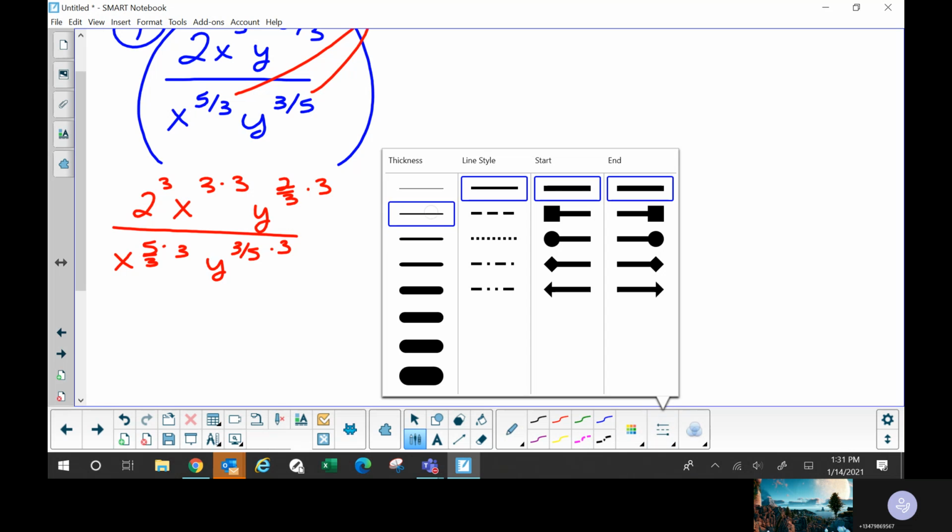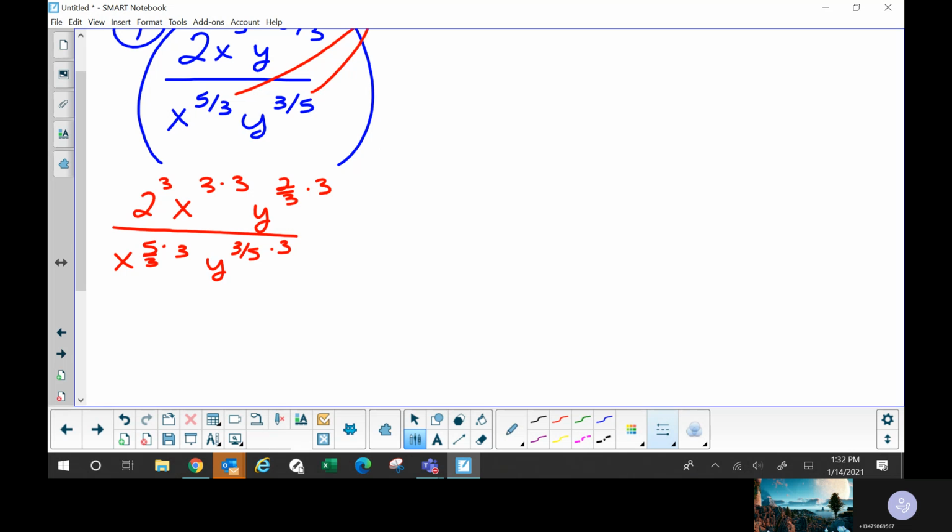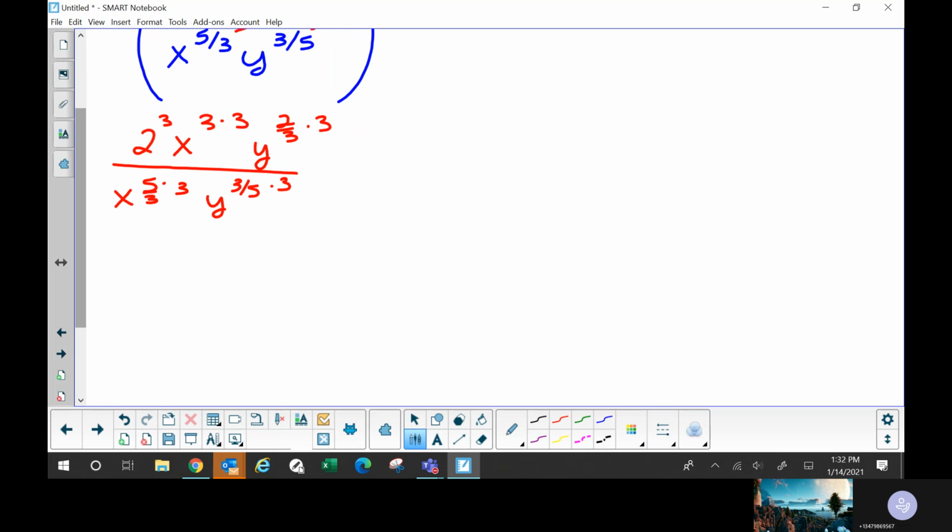So when I actually perform that, 2 cubed, or 2 to the third power, gives you 8. X to the third power times 3, so 3 times 3 is 9. And then y raised to the 2/3 times 3. Well, 2 times 3 is 6, right? And then 6 divided by 3 is 2.